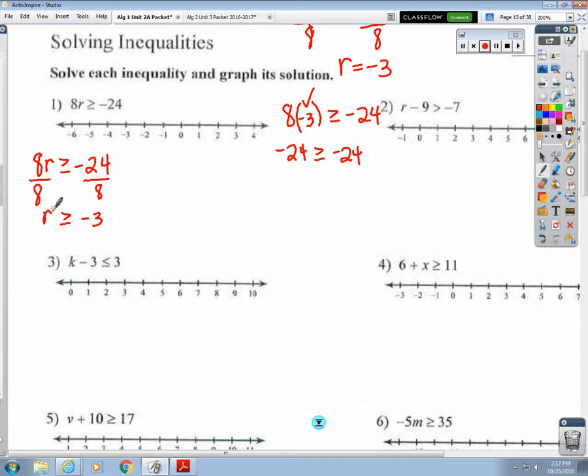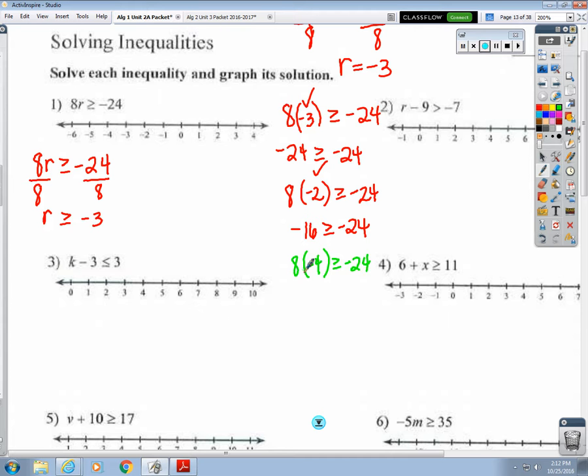What's another number that's greater than or equal to -3? -2. So let's see what happens when we plug it in. What's 8 times -2? Is -16 greater than or equal to -24? Yes. Okay, what about a number that's not greater than or equal to -3? Okay, -4.